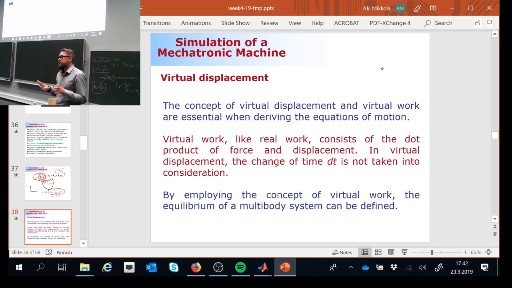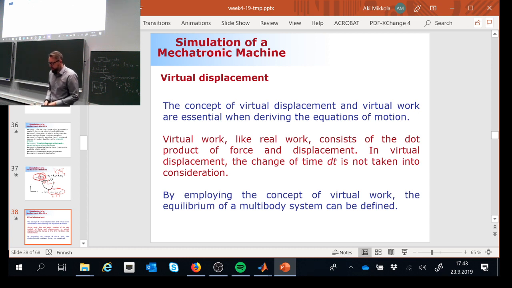What is significant is that time is assumed to be frozen. Can you make that happen in reality? You can't, because how can you move this from here to here without time running? That's why this is a mathematical concept, which we need in order to have the necessary mapping between the global coordinate system and generalized coordinates.